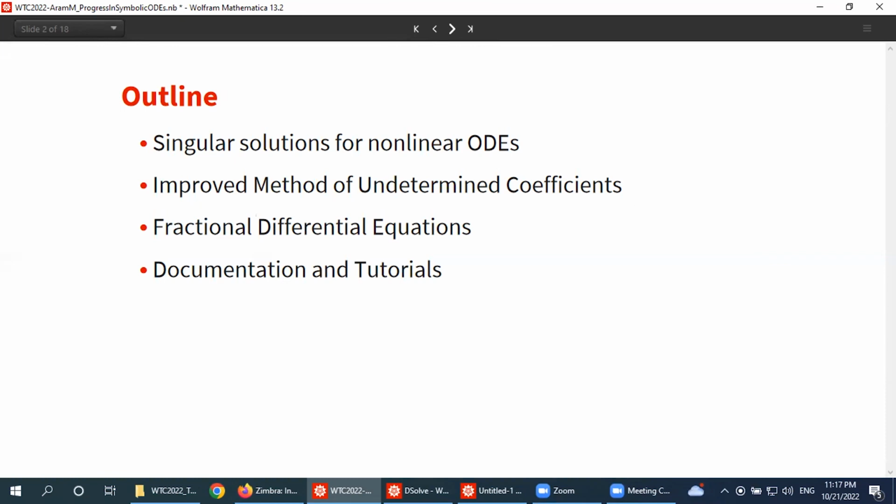The next part of my talk will be about a new type of differential equations, fractional differential equations, which can be solved now by DSolve. And at the end, I will demonstrate the updated documentation pages and tutorials related to symbolic solutions of differential equations. So let's start with singular solutions.